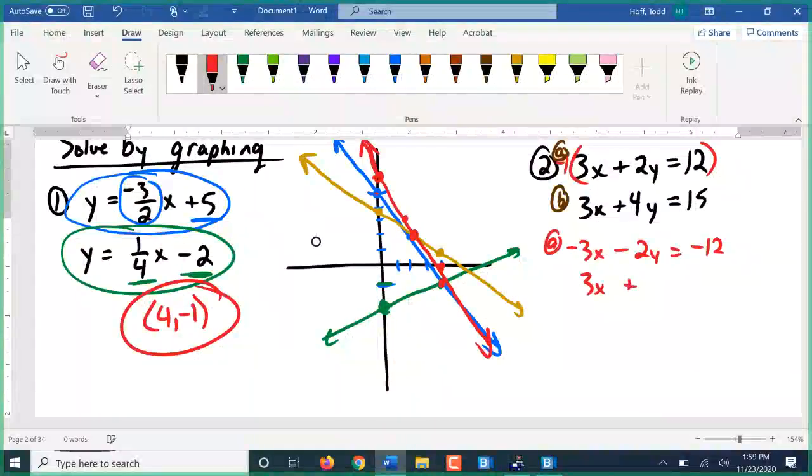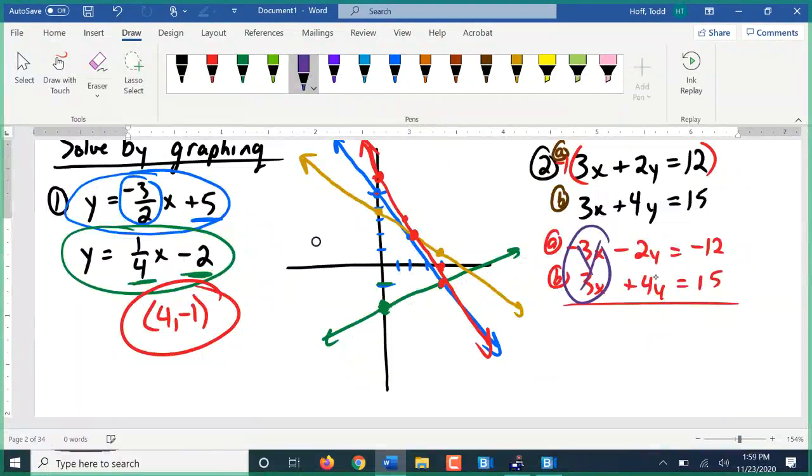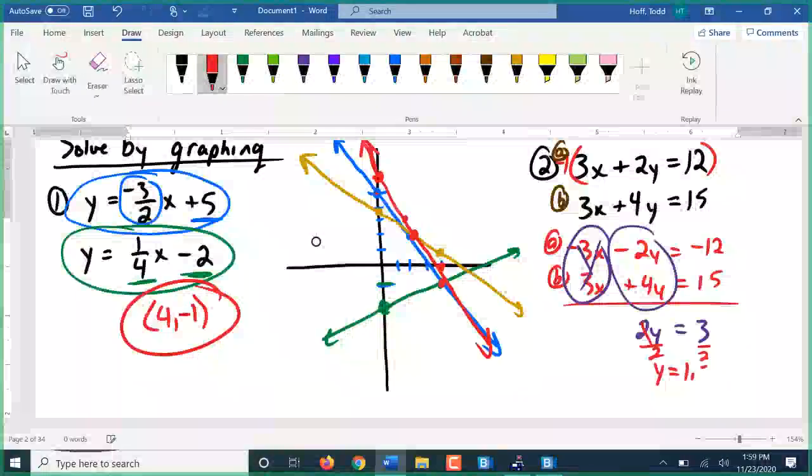That's equation A. Equation B would still be 3x plus 4y equals 15. We could add them. Negative 3x and 3x cancel. Negative 2y and positive 4y is 2y equals negative 12 and 15 is 3. So when we divide by 2 here, we get y equals 1.5.